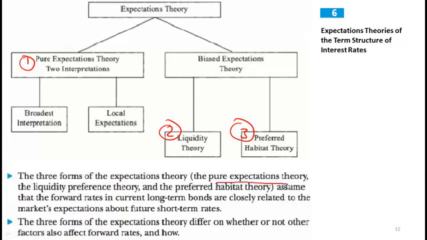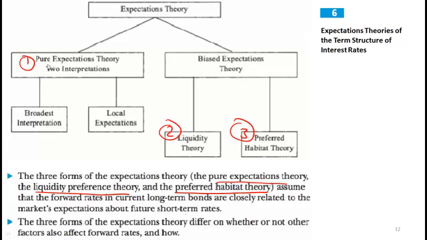Number one is the pure expectations theory. Number two, liquidity preference theory. And three, the preferred habitat theory. Assume that the forward rates in the current long-term bonds are closely related to the market's expectations about future short-term rates. Okay, now let's get into this a little more.